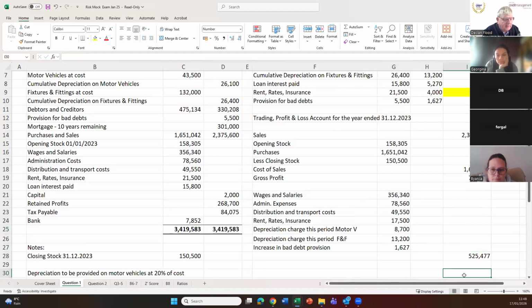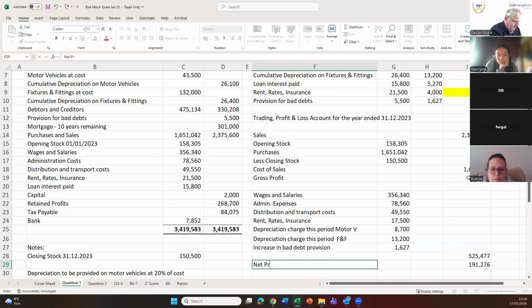And then I just put in my gross profit minus my expenses, and that 191,276 is your net profit. That's grand. And then we have to do interest paid, less interest paid.